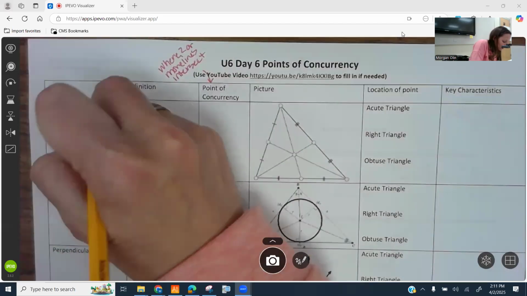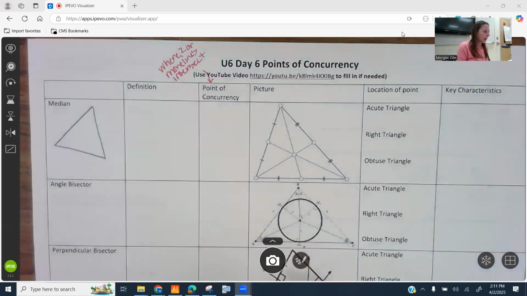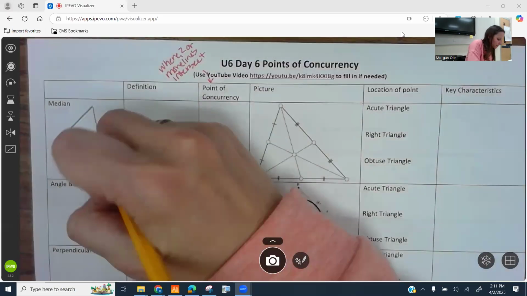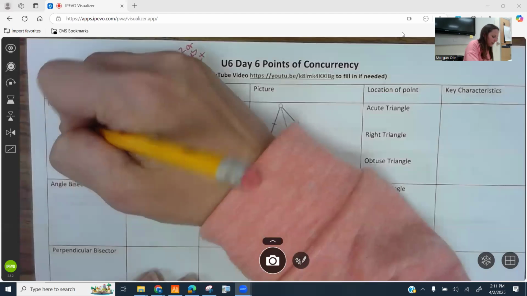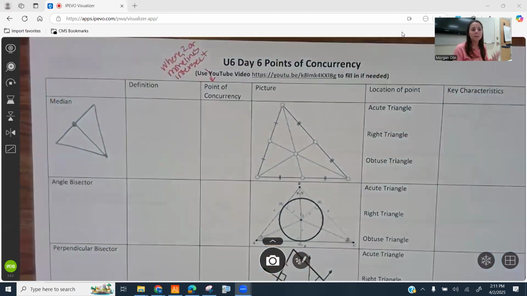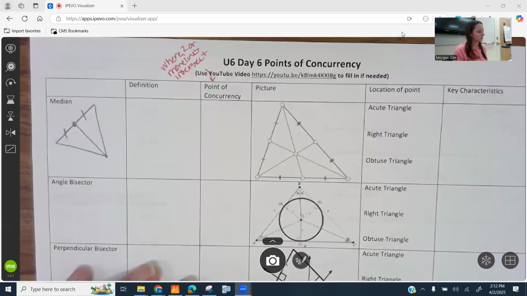What is a median? Well, when I think of median, I think middle. So in a triangle, a median comes from a vertex to the midpoint of the other side, like this. And how do I know it's the midpoint? Think middle, like that segment's going to be congruent to that segment.